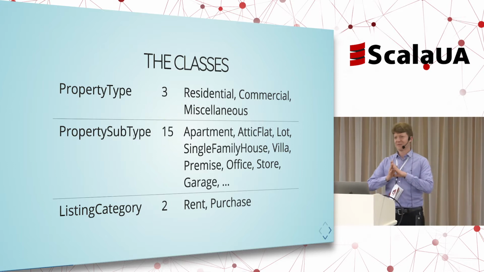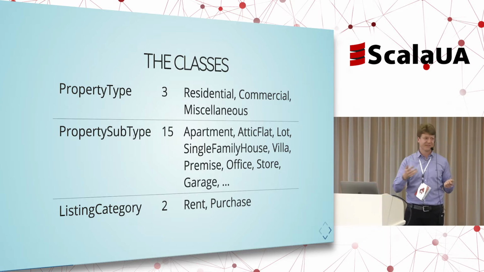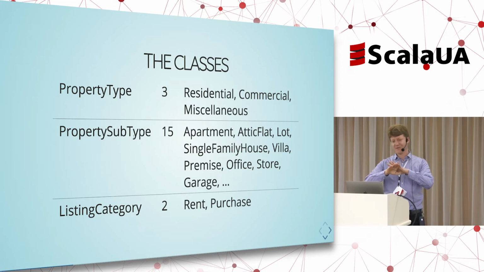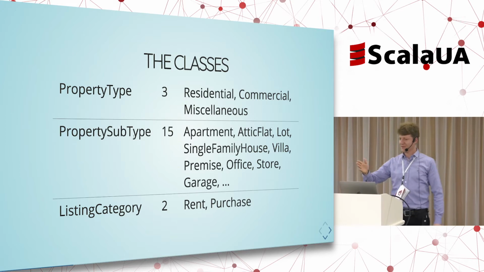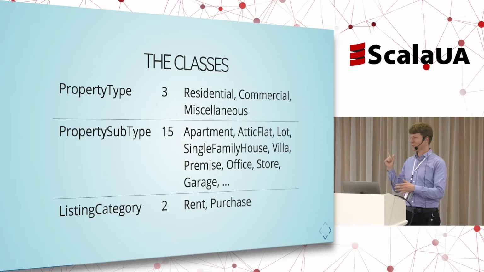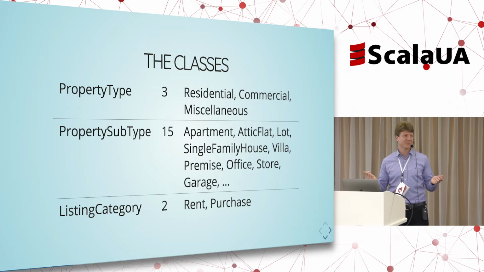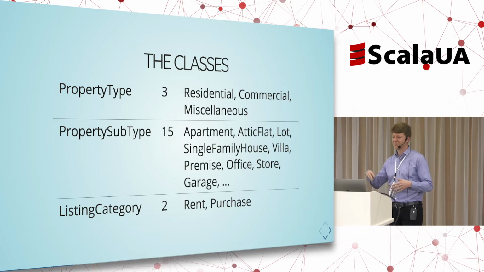Let me take a brief look at the class structure, which is the output of this classifier application. You can see 3 different axes. For one, there's the property type, which can be residential, commercial, or miscellaneous. Then there's the property subtype, which stands for things like apartment, attic flat, premise, office, store, and so on.